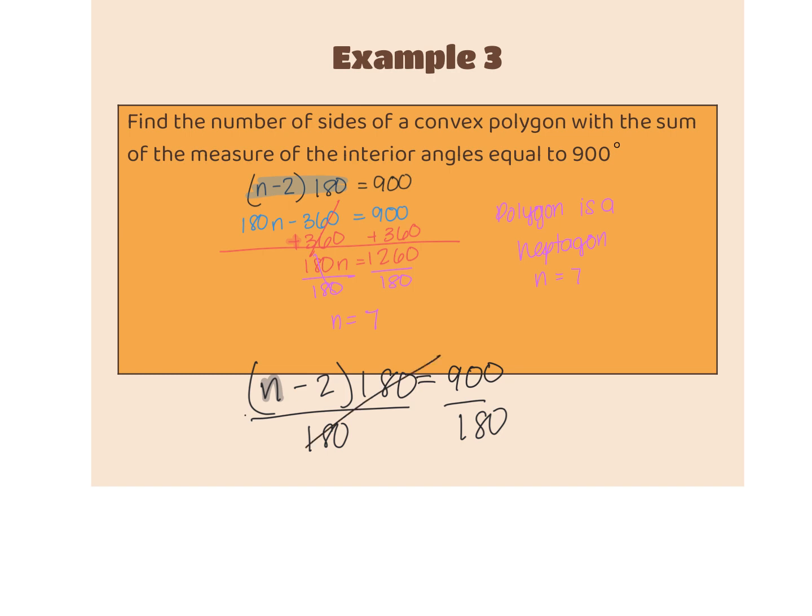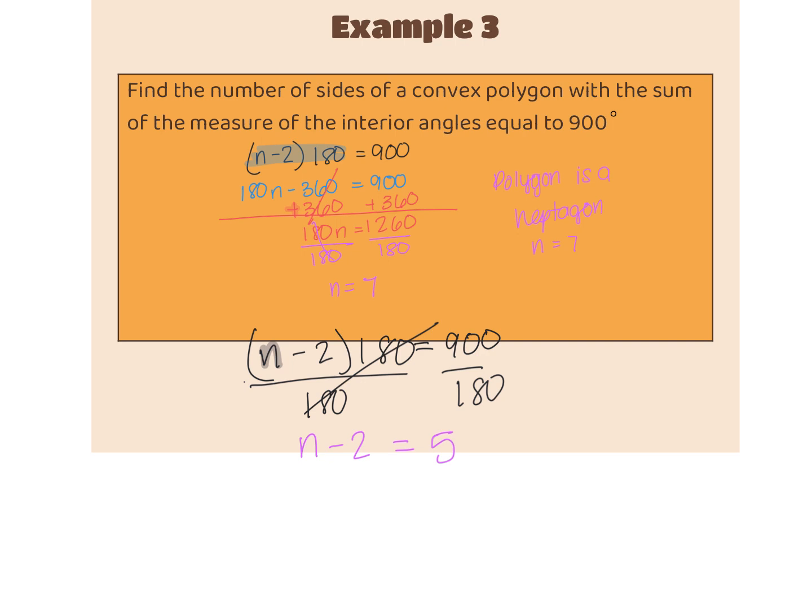So then you have n minus 2 equals, if you divide correctly, 5. And then solving for n like normal, add 2, and you're going to get n equals 7. So you're still getting the same answer as before. You're just solving it a different way.